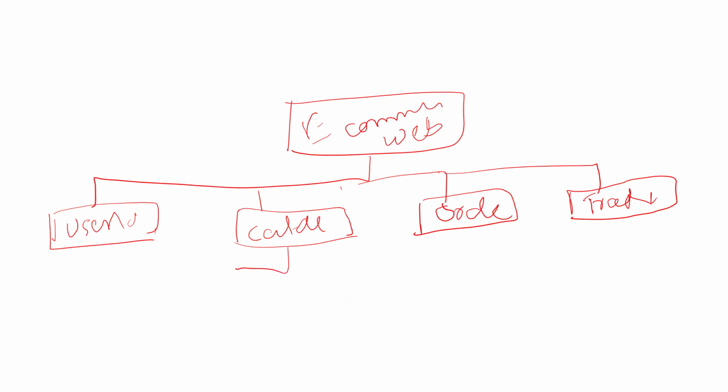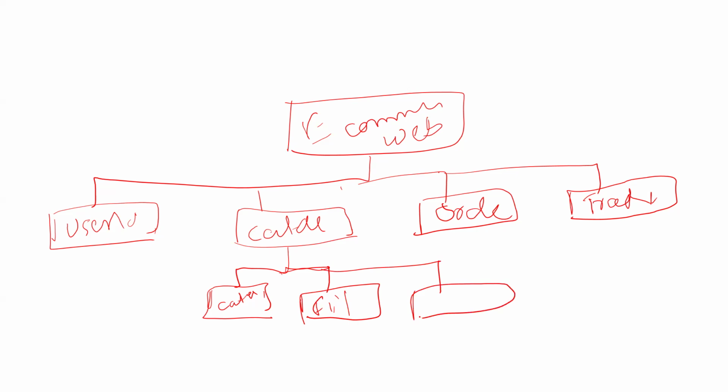Under the catalog functionality, there would be functionality to categorize items, for example kitchenware and garden tools. Then there is a filter functionality, then comparison. These are all the functionalities coming under the catalog module. In the filter functionality, you might have certain programs.